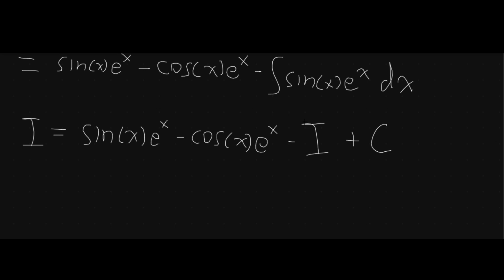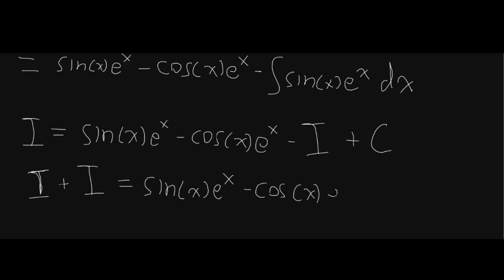What we need to do now is take this I to the other side, and we get that this I from above, plus another I, is equal to sine of x times e to the x minus cosine of x e to the x plus the constant of integration.